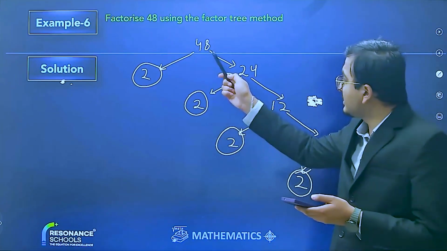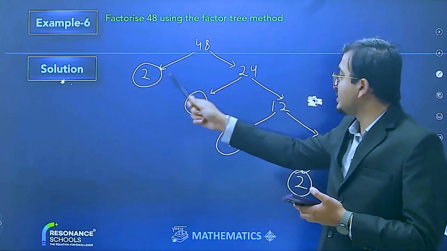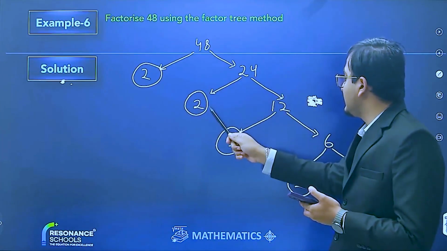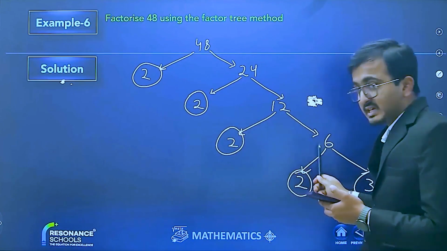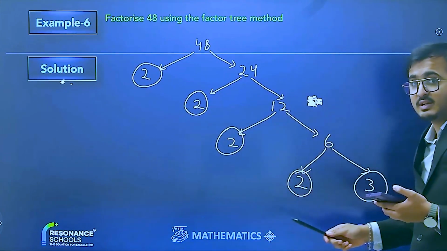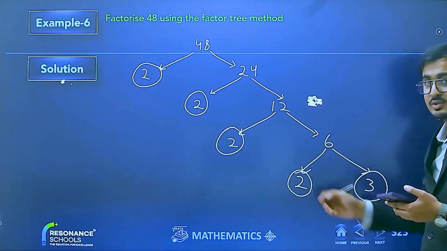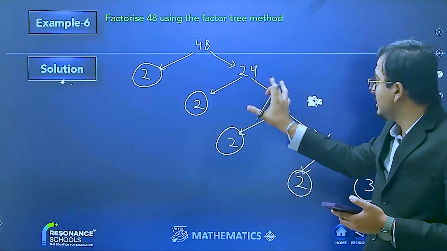So the factor tree is nothing but 48 divided by 2, you will get 24. 24 divided by 2 again, you will get 12. 12 again divided by 2, you will get 6. 6 again you can divide by 2 and you will get 3. So it's like a factor tree method.